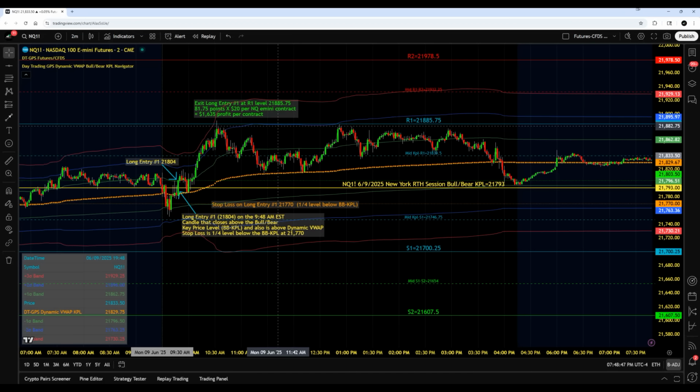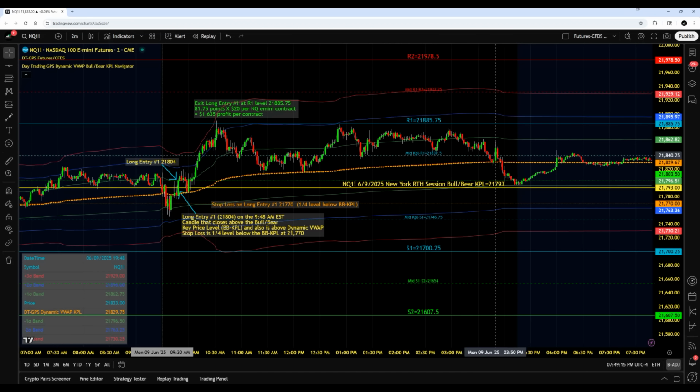But usually right at the level or, say, a point below the level will usually do the job just fine. As you can see here, we did get a slight move above the level, and here it went right up and stopped at 21,885. So if you had put it 1 point below at 21,884.75, then you would have gotten filled up here.